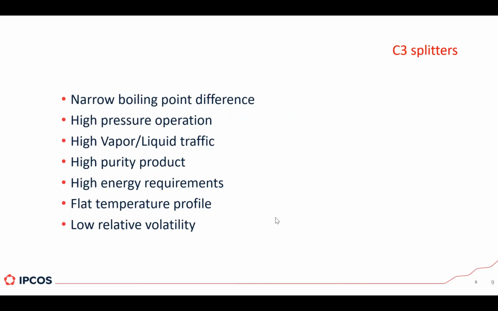In this case, well, the heat pump is there in particular just to help with the high energy requirements that are associated with such a separation. A flat temperature profile, again, the narrow boiling point difference makes the temperatures across the column basically not change significantly, and a low relative volatility.